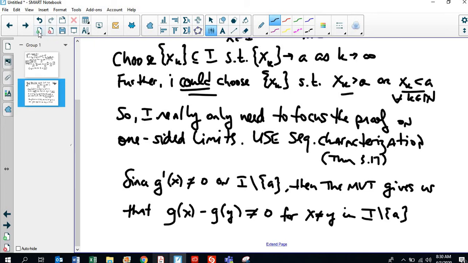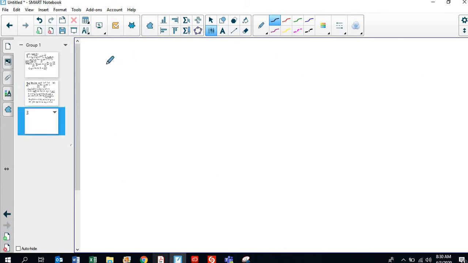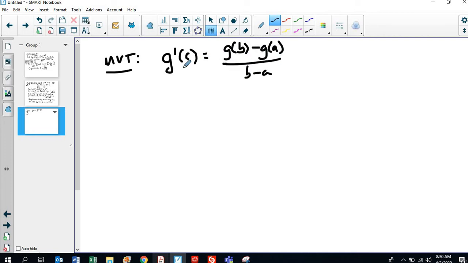The mean value theorem says that for a function, g prime of c equals g of b minus g of a over b minus a, right? And so how would that be 0? That could only be 0 if these two were equal to each other in the numerator. And so if this is not 0, it means that the numerator is not 0.